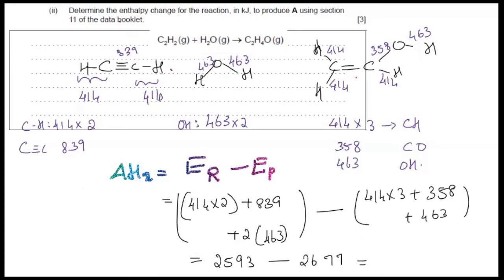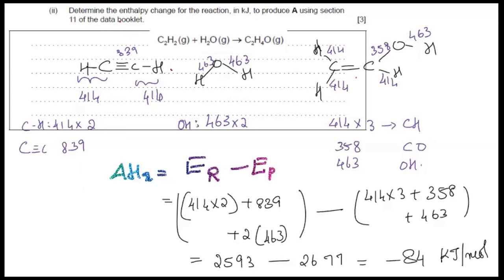And when I'm further calculating this, I'll end up with minus 84. Now, the unit is kilojoules per mole. And being an exothermic reaction, the value is negative. It's minus 84 because it is an exothermic reaction.